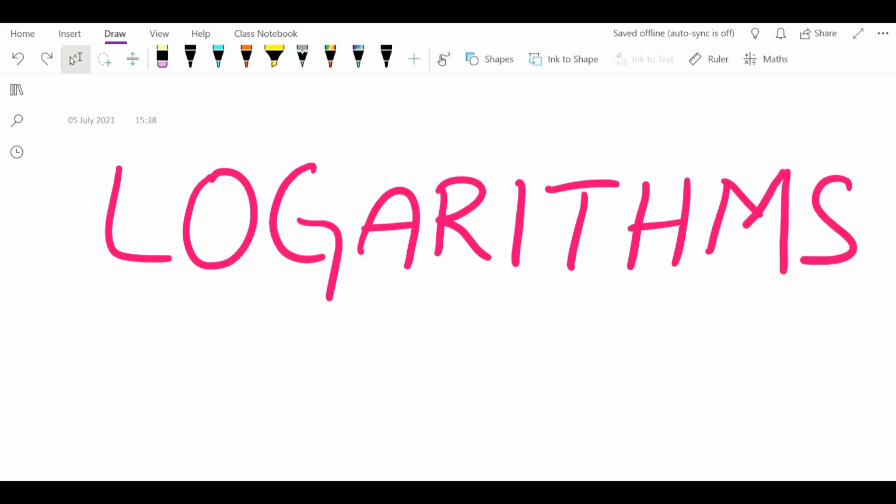Children, earlier you would have learned properties of exponents and powers. Once again, we will revise today.